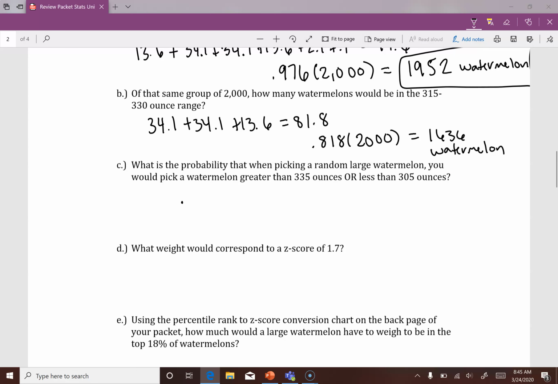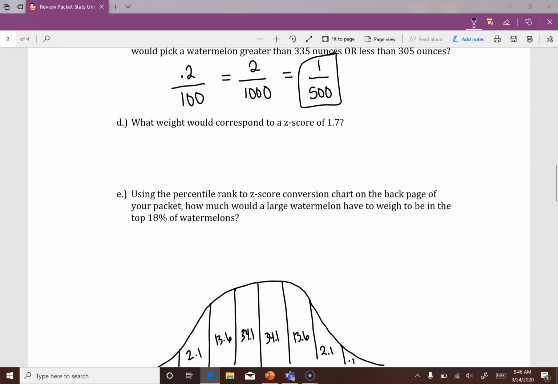So 0.2% out of 100. Just going to multiply both the numerator and denominator by 10, and I get 2 over 1,000. Now I'm going to divide both by 2, and I get 1 over 500. That's my probability.